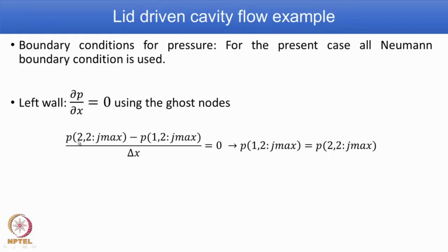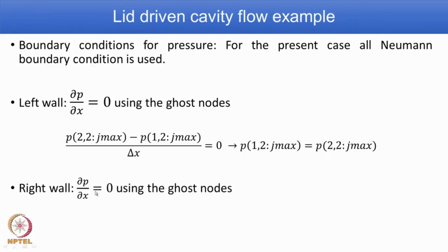So, p at I equal to 2 and for j 2 to j max, minus p at I equal to 1, again j 2 to j max, divided by delta x equal to 0. So, this is actually dou p by dou x equal to 0. So, if you rewrite this equation, we have p at 1 comma 2 to j max equal to p at 2 comma 2 to j max.